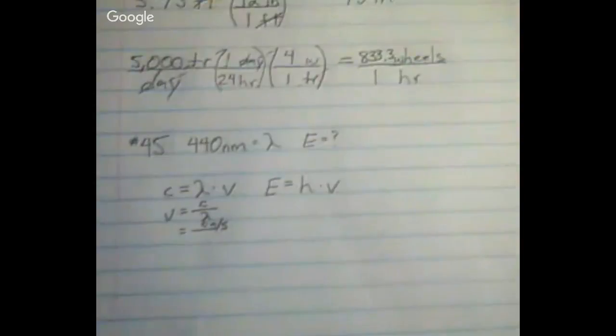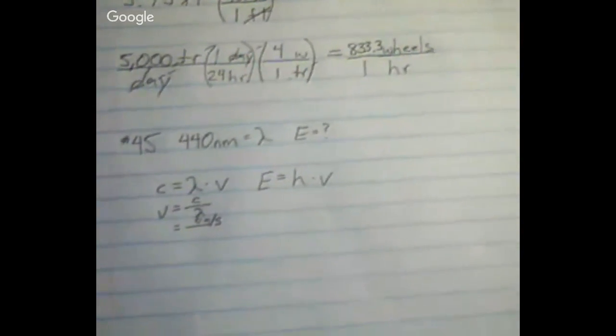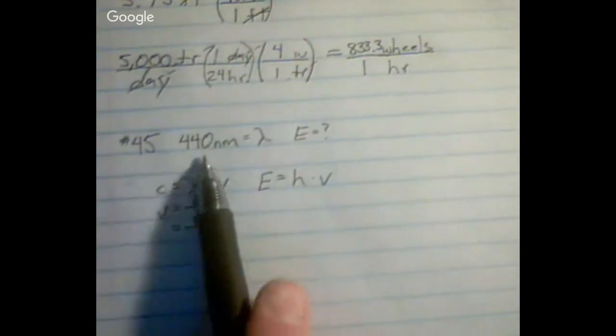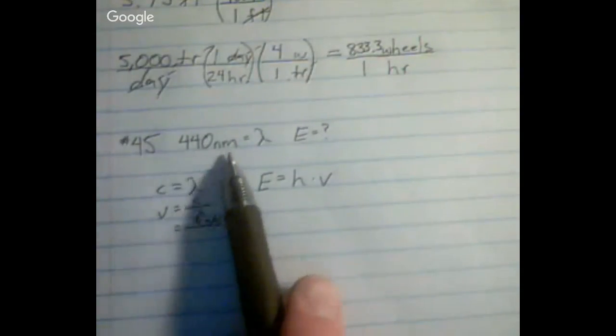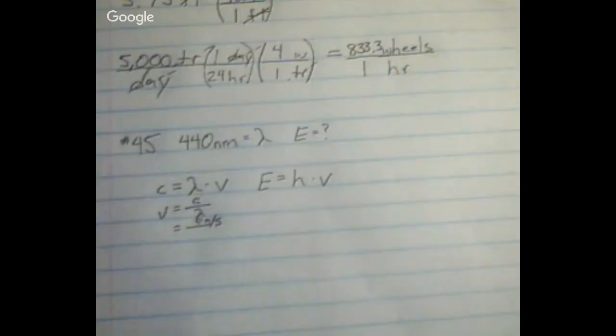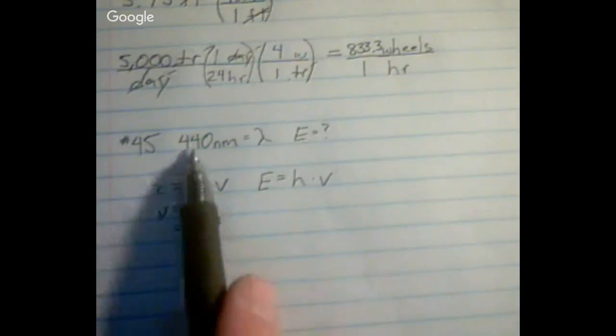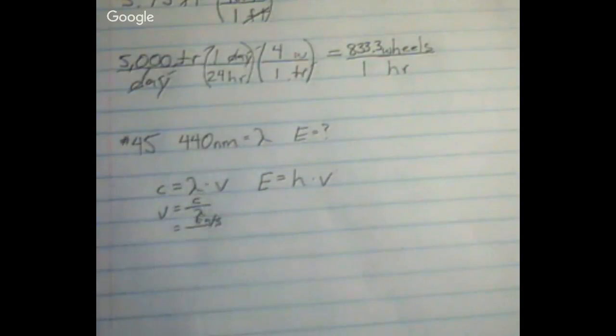I'm just going to say, if you're ever given nanometers, which is common because the units for visible light are in the area of nanometers, so that's how we talk about them a lot, just take whatever number you have in nanometers and multiply it by 10 to the negative 9th.